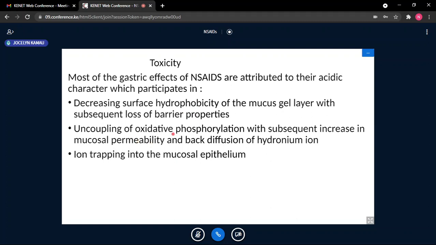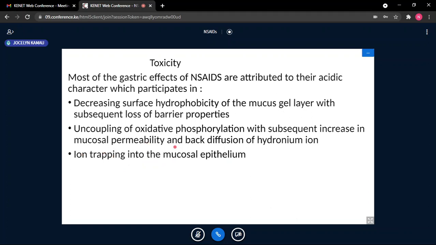There is also uncoupling of oxidative phosphorylation with subsequent increase in mucosal permeability and back diffusion of the hydronium ion. By back diffusion of the hydronium ion, we are saying the hydronium ion can go back, even through active transport, to the stomach, further decrease the pH, and of course further cause GIT irritation. Then there is ion trapping in the mucosal epithelium.